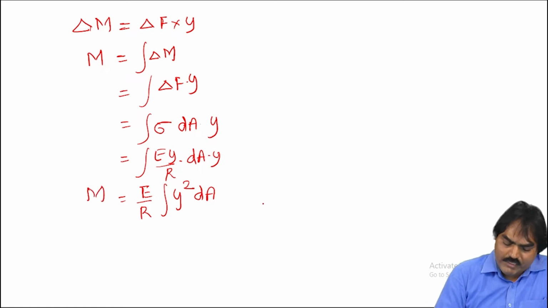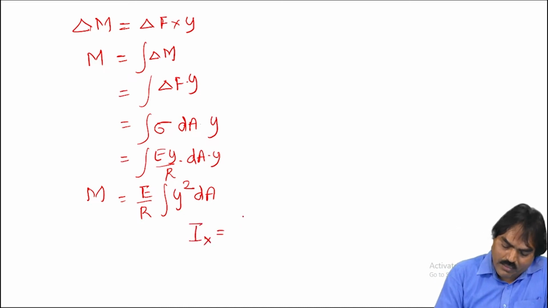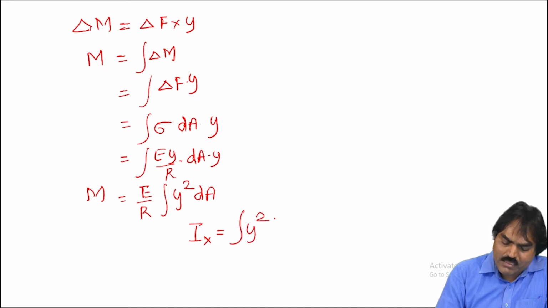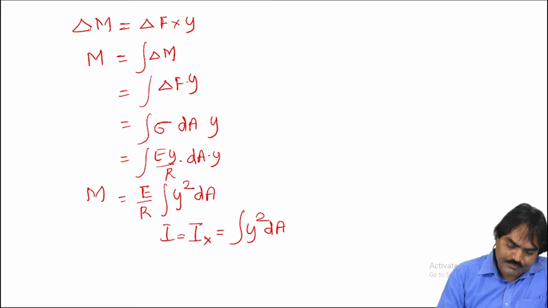So we know that the integration of Y square dA is nothing but the moment of inertia about the x-axis or about the neutral axis. Ix is Y square dA. That's what we can call I.